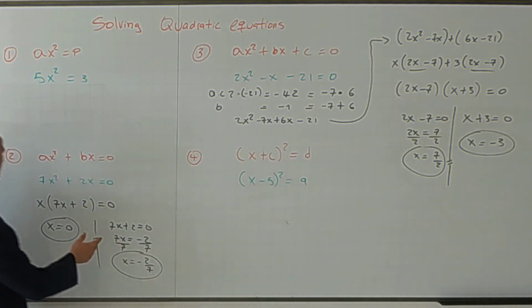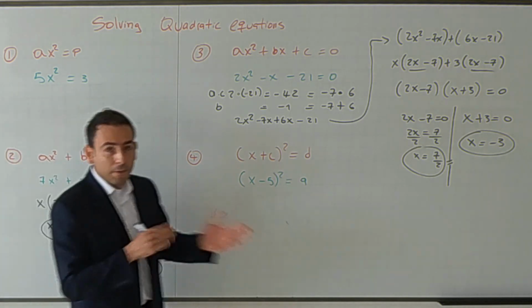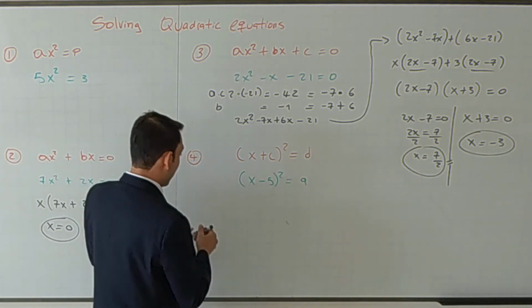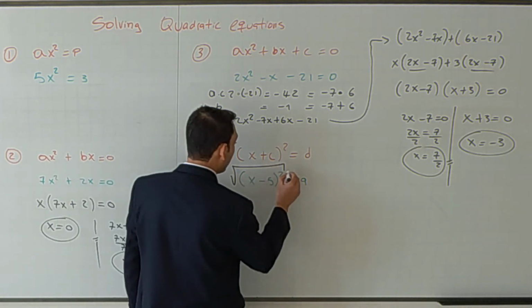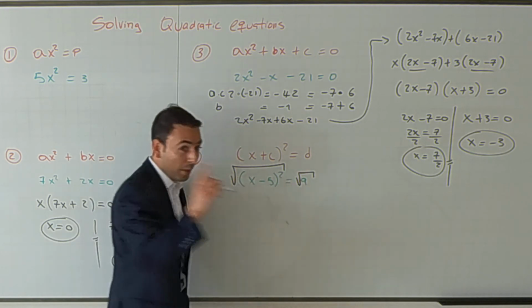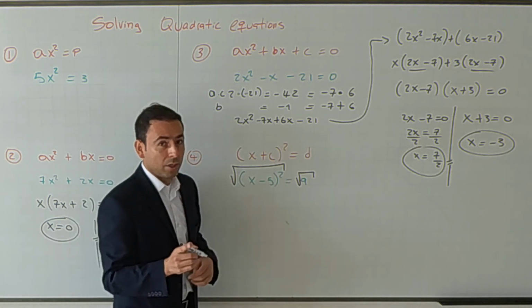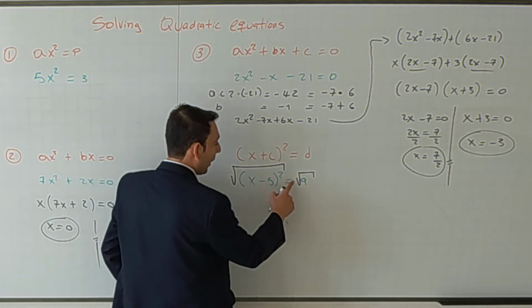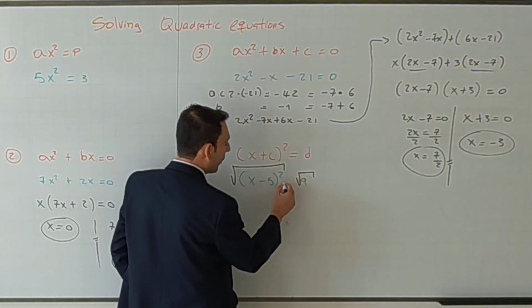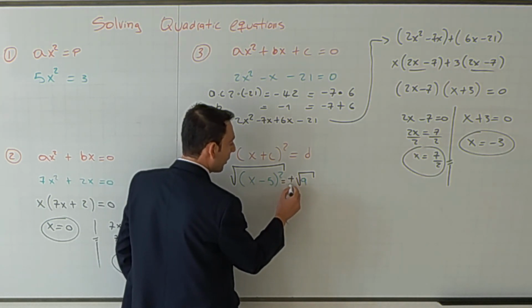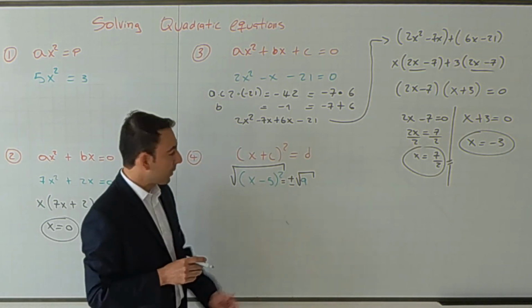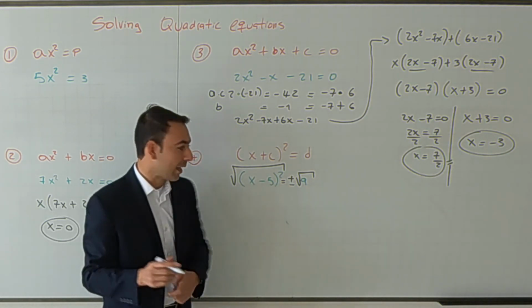Then remember, we have to apply the property of equality with square roots. Then in here we have to apply square root here and square root here. But remember the property with the square roots. When we apply the property of equality for square roots, we have to remember that we have to analyze two possible answers. Plus and minus, when the number is positive and when the number is negative.